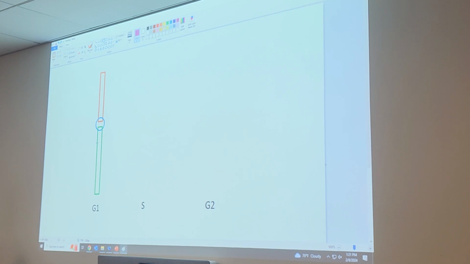I have damage to my chromosome right here. There's my damage. This damaged chromosome goes into S phase. So I'm going to take this damaged chromosome and we're now in S phase. What happens? It duplicates. So I take this chromosome and I duplicate it.